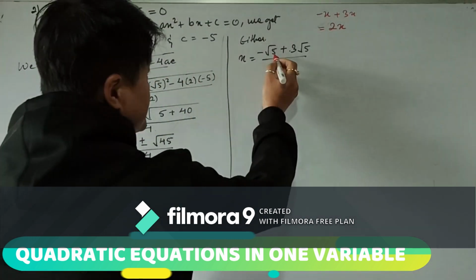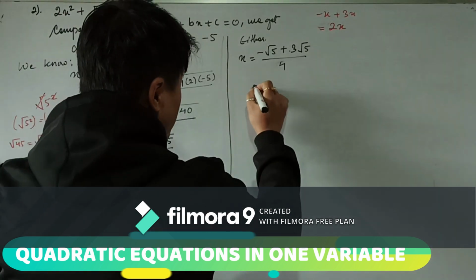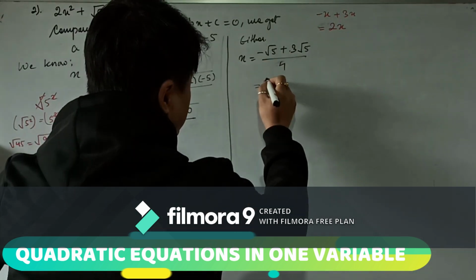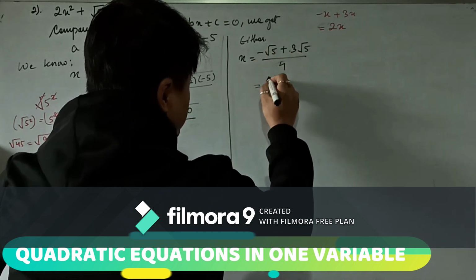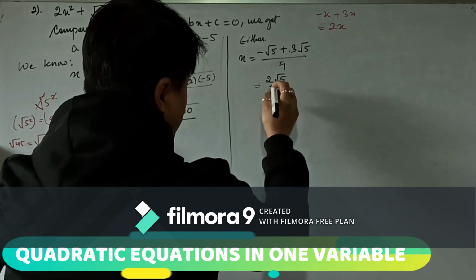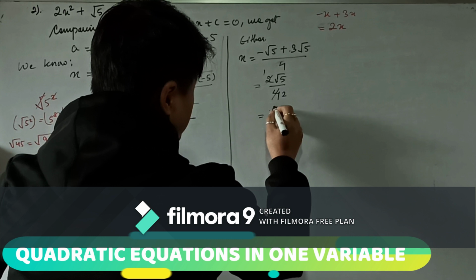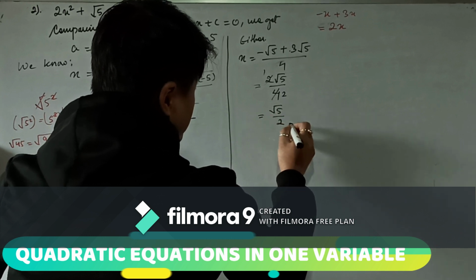Similarly, this we consider as x only. Root under same value means we consider as variables only. This can be written as here 3 minus 1 is here 2 root under 5 divided by 4. 2 1 are 2, 2 2 are 4. This will become root under 5 divided by 2.